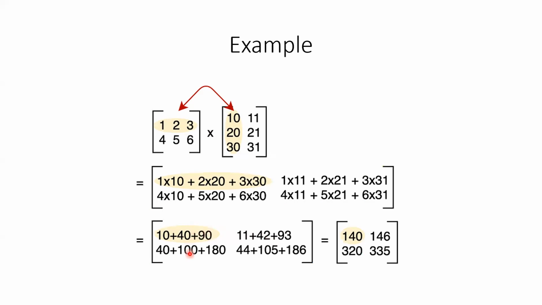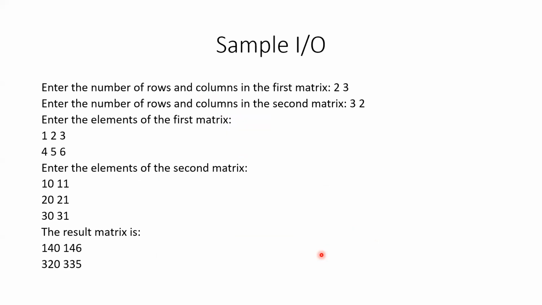We will be creating a 2-dimensional array to store these numbers, and we will get the resultant matrix in the form of an array. So this is what is required as matrix multiplication.